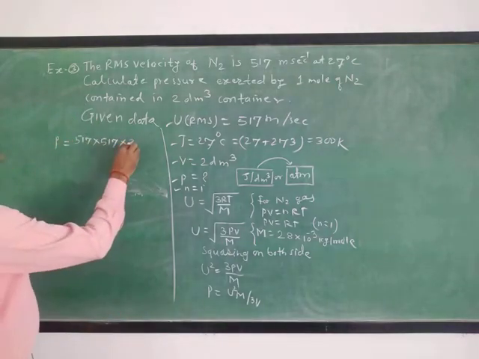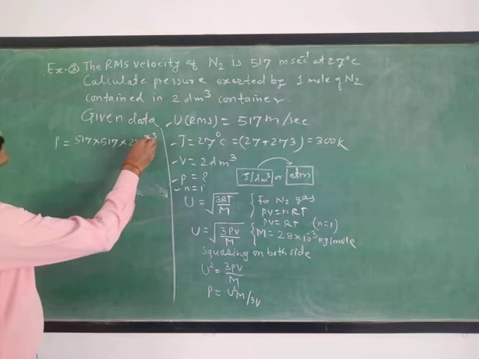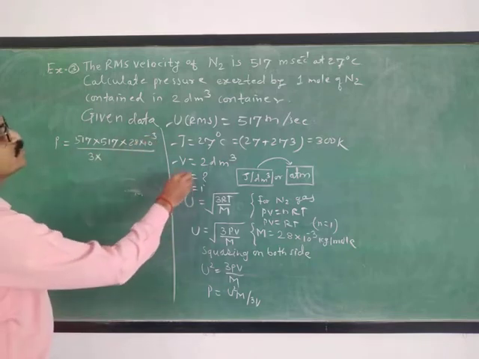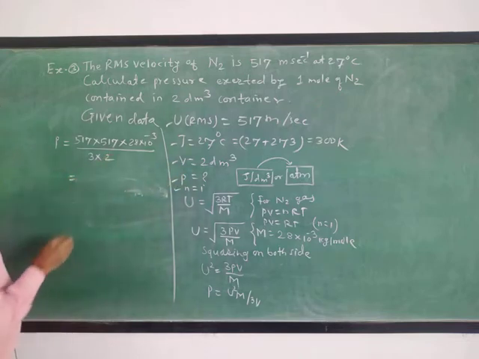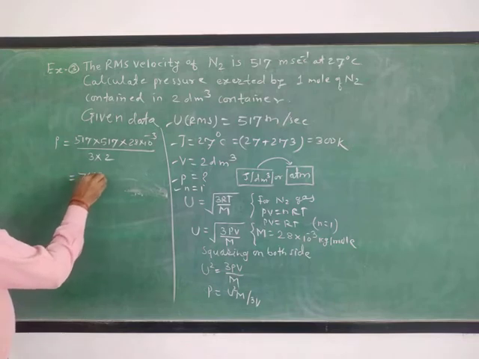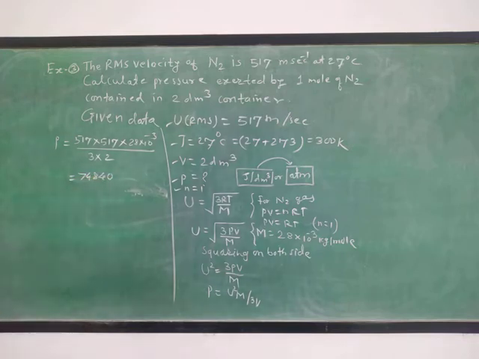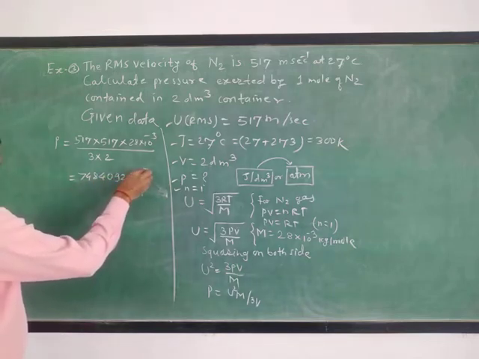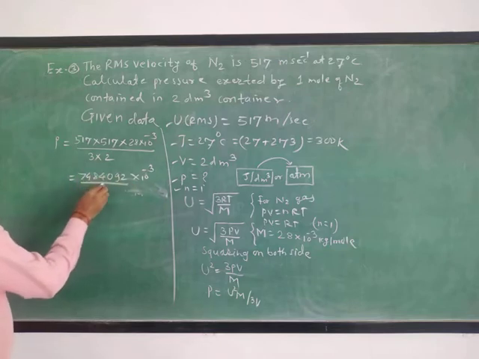Now 28 into 10 raised to power minus 3 upon 3 into V. What is V? 2 dm cube. That's why 2. Now all these multiplication: 517 multiplied by 517 multiplied by 28 comes out to be 7484092, into 10 raised to power minus 3, and 3 twos are 6.